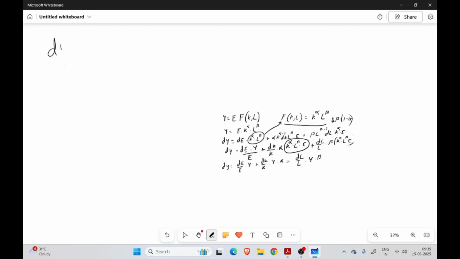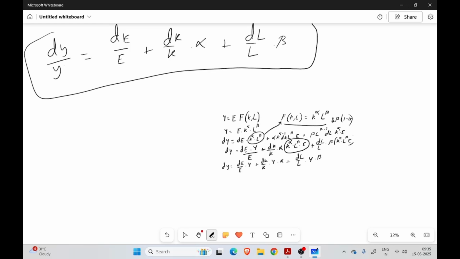This will give us dy by y is equal to dE by E plus dk by k into alpha plus dl by l into beta. This is our growth accounting equation for the Solow growth model.